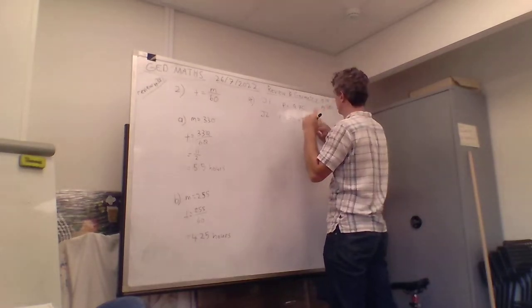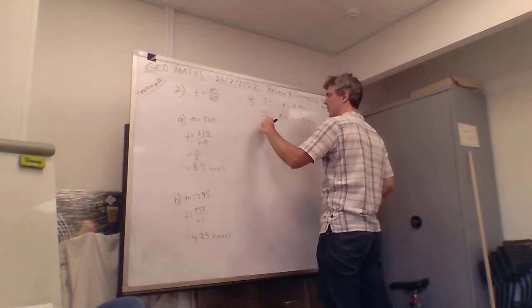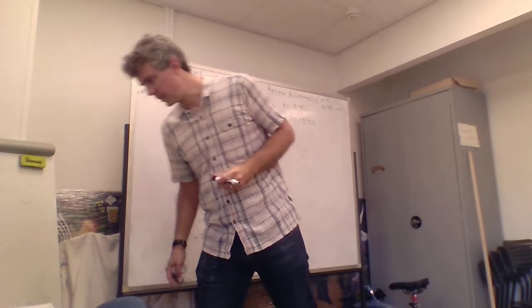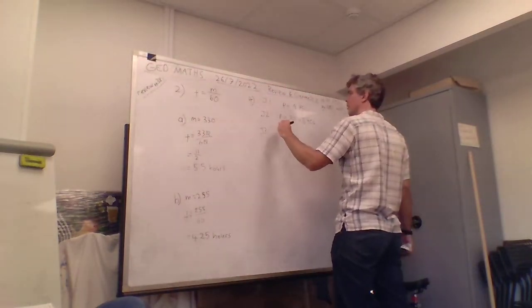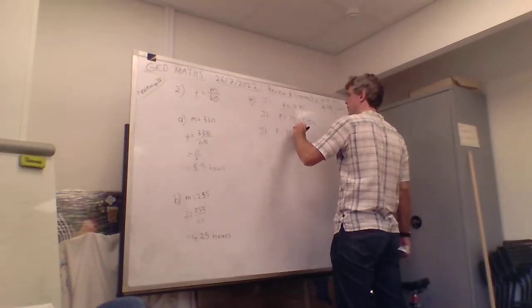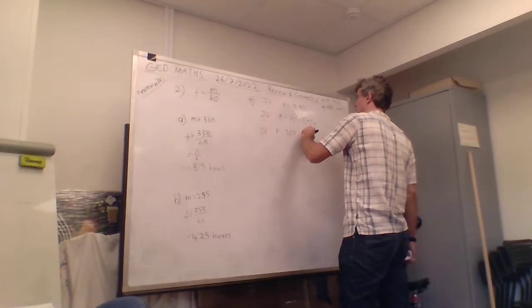I'll put a 0 since we're dealing with dollars. And the third job, P equals 380 times H over 38.